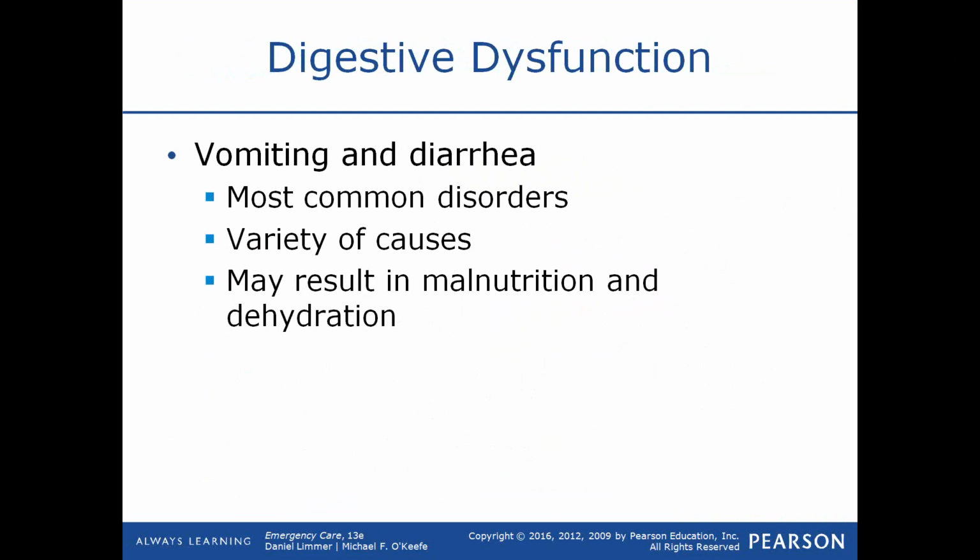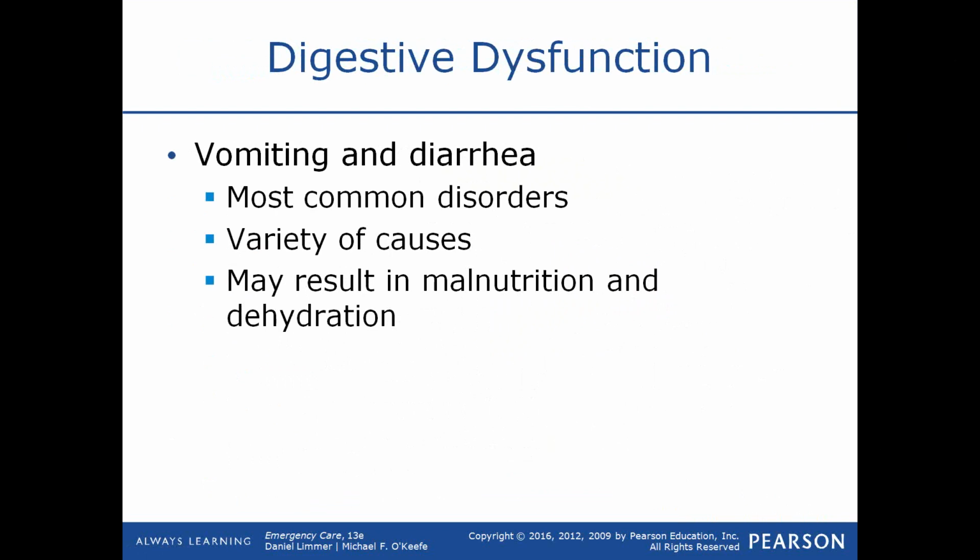Vomiting and diarrhea is probably one of the more common disorders seen with digestive system dysfunction, and although inconvenient, vomiting and diarrhea often play an important role in eliminating things in your body that are harmful.